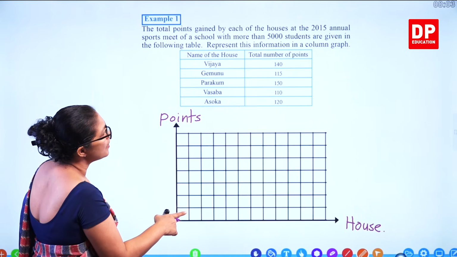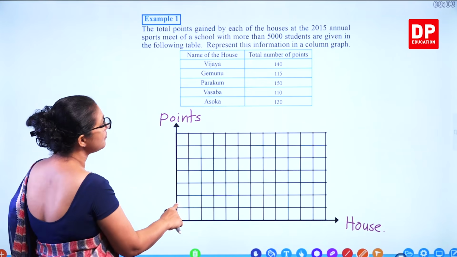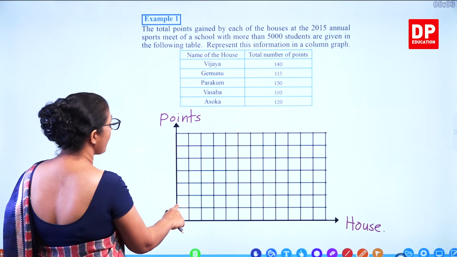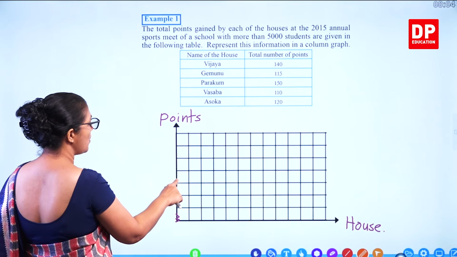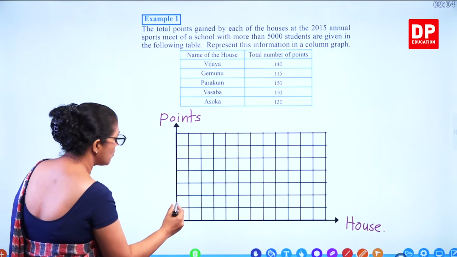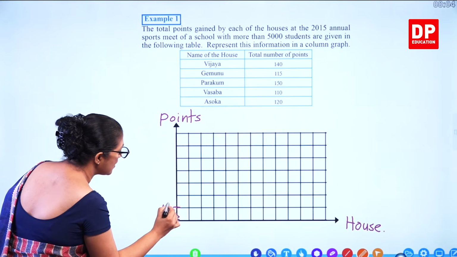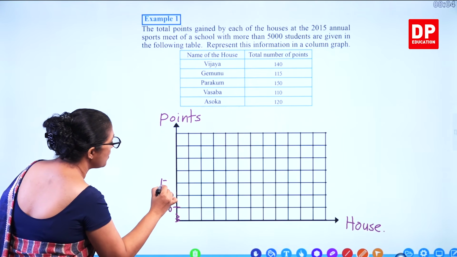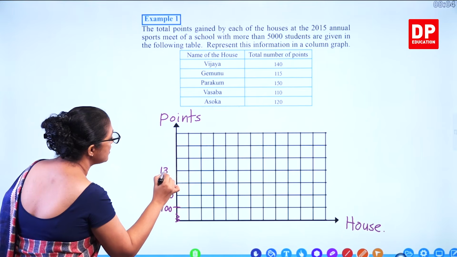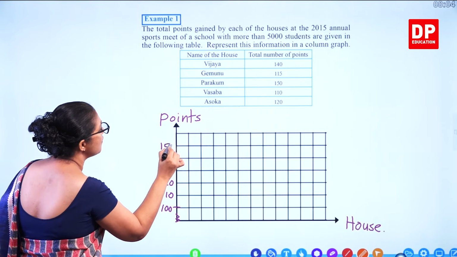So if you take this one as 100 and tens, we'll see 100, 110, 120, 130, 140, 150.